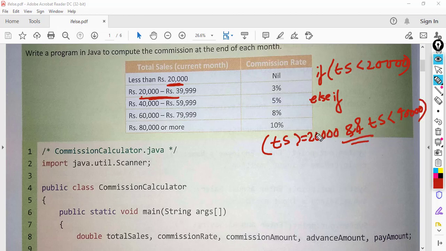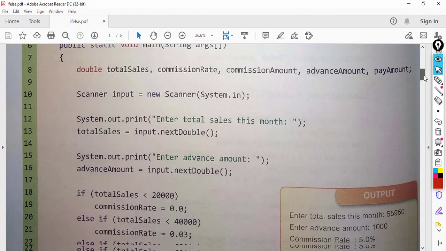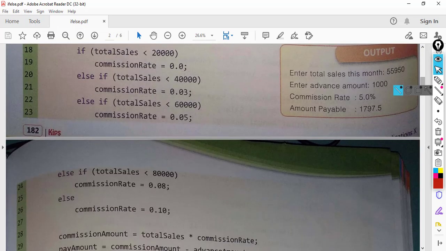If you cannot understand the way it has been explained in this solution, you can always write it like this also, which is easy to understand. Here I am representing total sales as TS.